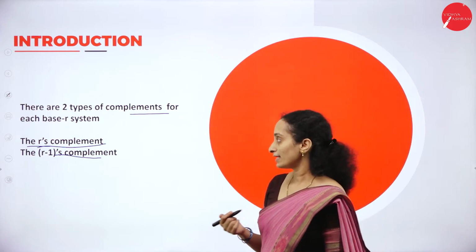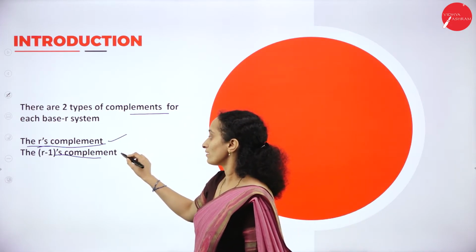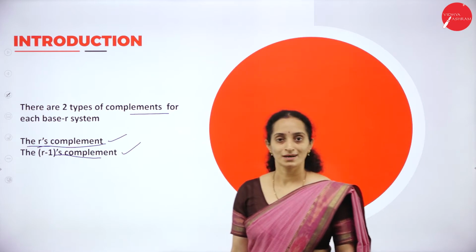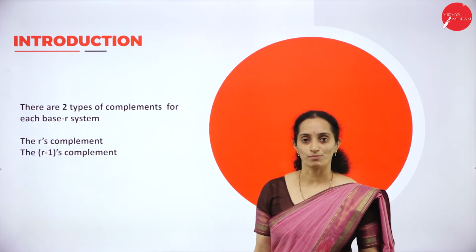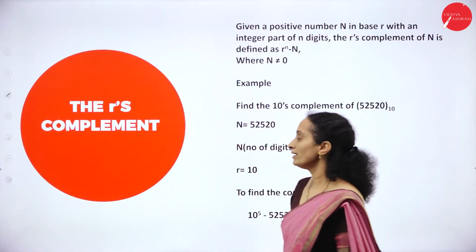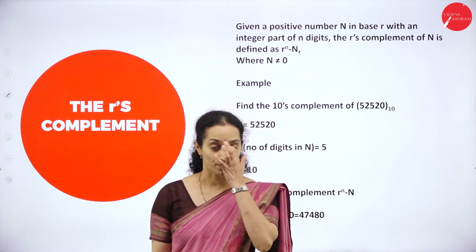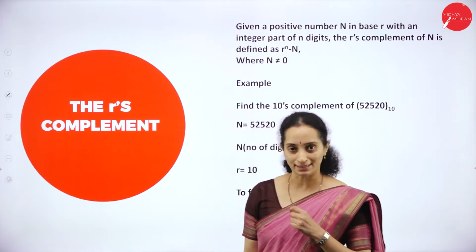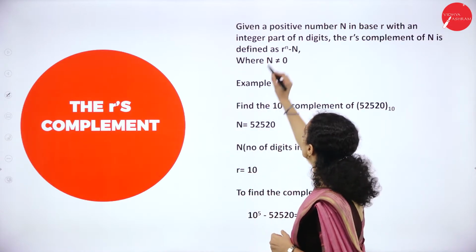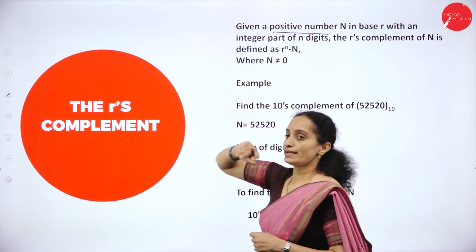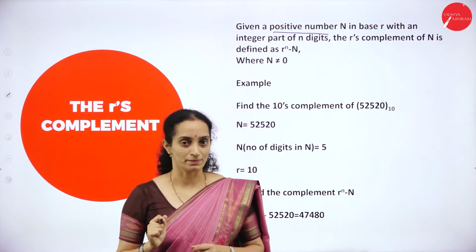Next we shall discuss both types of complement system. The first thing we need to know is the R's complement. R is the base. How do you represent a number in R's complement?